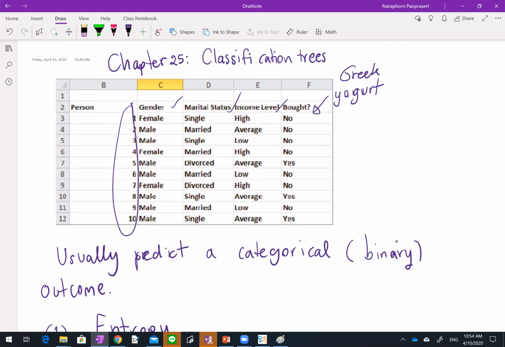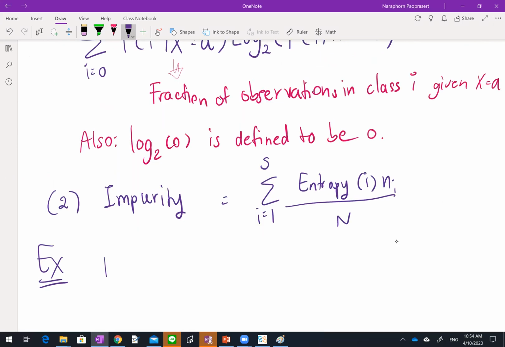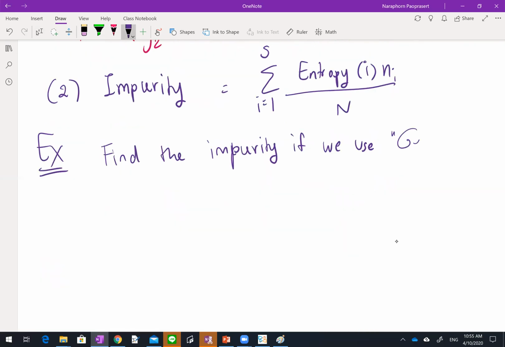Let's find the impurity if we use gender to classify users. So what is the impurity if we use gender to split the users?